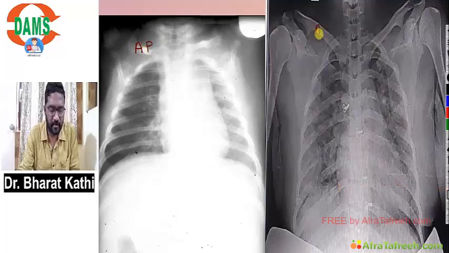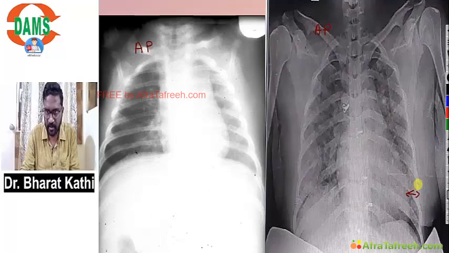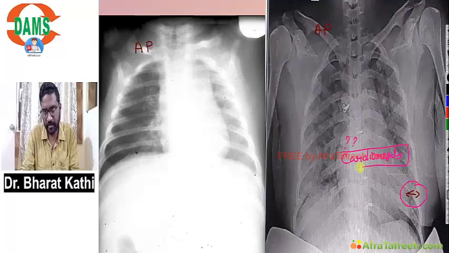Here it is very close to the chest wall. In the second film, it is also very close to the chest wall. So you can suspect this patient is having some cardiomegaly.